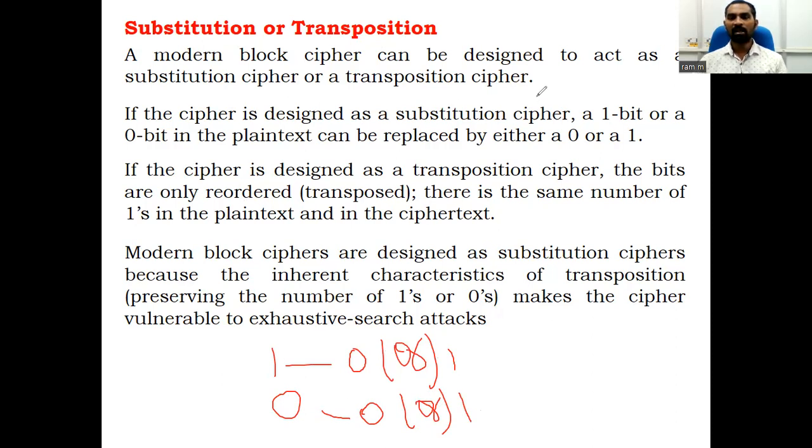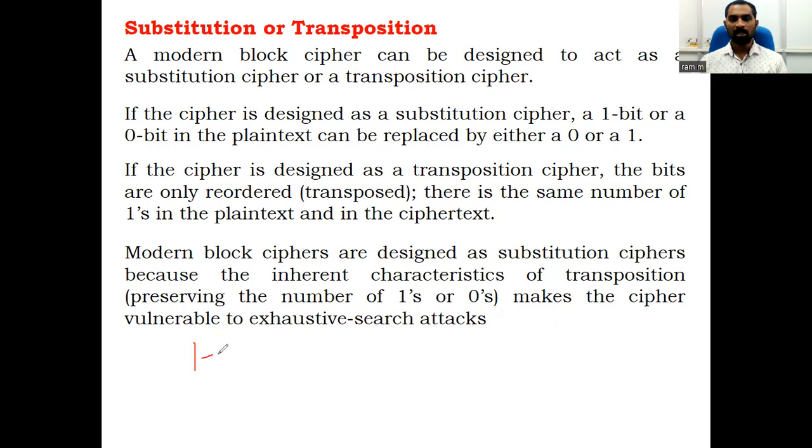Whereas if you are constructing a block cipher as a transposition cipher, here we simply change the positions of the values. The bits are only reordered, so there is the same number of ones in the plain text and the cipher text. In the substitution cipher, if I have 1, I can replace it with 0 or 1, so we cannot determine whether a 1 in the plain text was replaced by 0 or by 1.